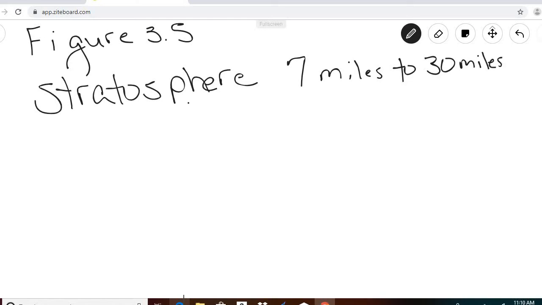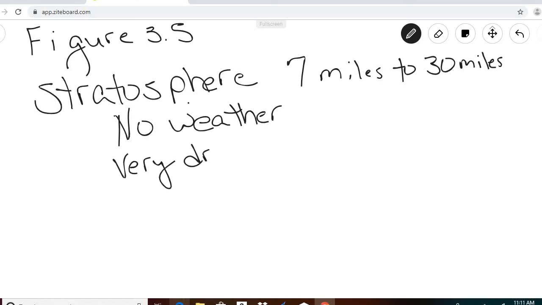In the stratosphere, there is no weather. This is above the area where we see any weather. There may be a few clouds at the lowest level of the stratosphere, but very few. And the air within the stratosphere is very dry. So remember, we talked about relative humidity. The air would be very dry.